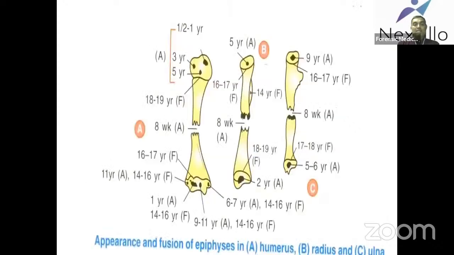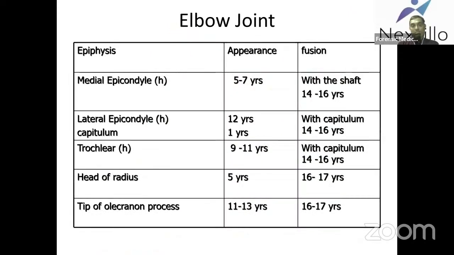The same thing, this is the humerus, radius, and ulna, the appearance and the fusions of the joints, that is of the elbow joint. In the elbow joint, the medial epicondyle of the humerus will appear around 5 to 7 years, and fuse with the shaft between 14 to 16 years. Similarly, the lateral epicondyle of the humerus appears at 12 years, and the capitulum appears at 1 year, fused at 14 to 16 years.